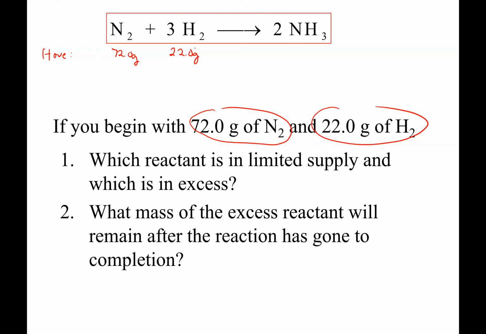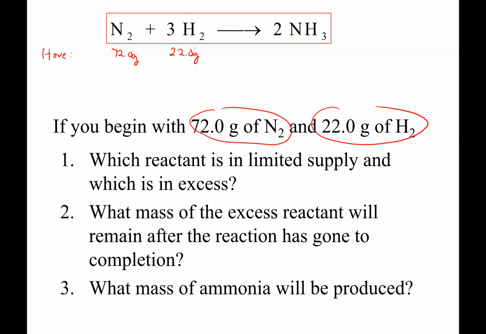Of the thing that's in excess, how much will be left over once the reaction is done? That's like how much bread we'd have left over. And a follow-up question: what will the mass of the ammonia be? That's like how many sandwiches we've got.